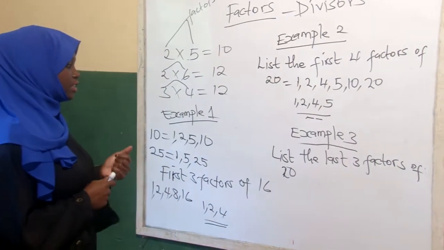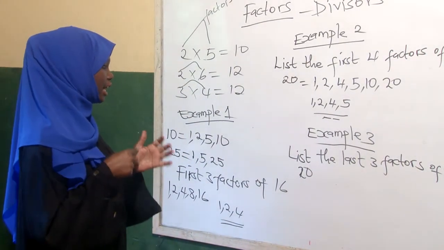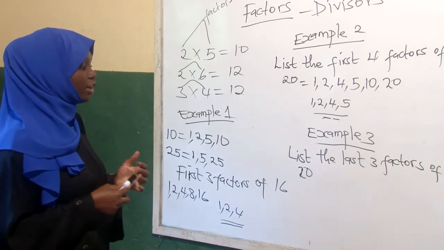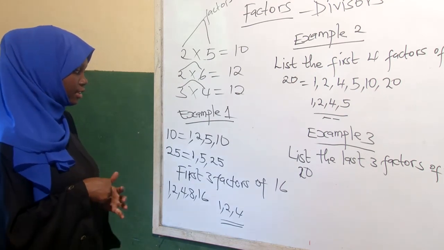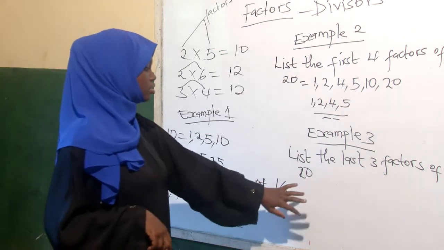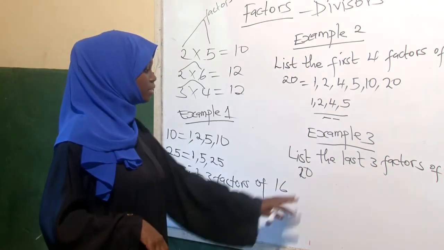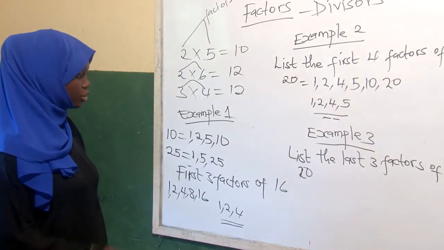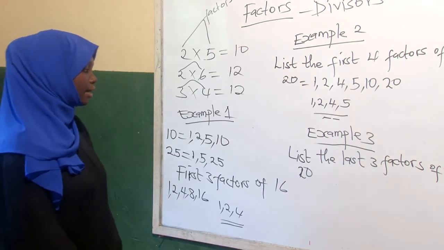So, before listing the last 3 factors of 20, you are going to list all the factors of 20. That is, all the numbers that you can multiply to get 20, or all the numbers that you can divide 20 by without getting a remainder.